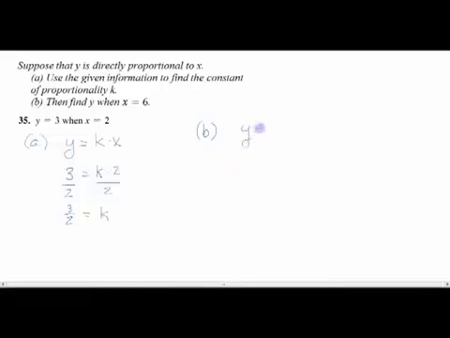So our model is y equals 3/2 for our k times x. And if we're finding y when x equals 6, we just need to put a 6 in for our x. When we do that, we see that the 2 cancels 6 3 times, and y equals 9.